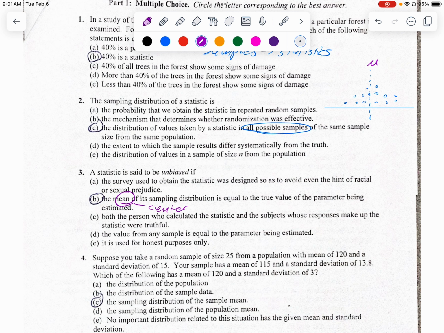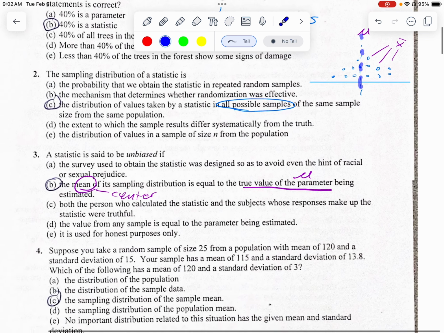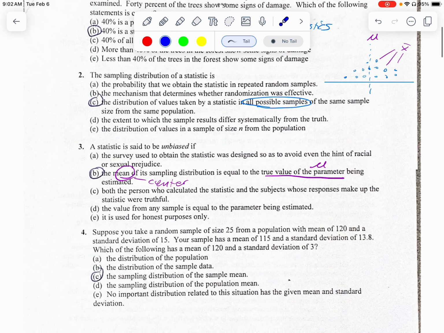And so what I'm drawing here is an unbiased one. All of these dots are X bars, right? All over the place. Some of them are a little above mu, and some of them are below mu, but it's centered correctly. So that's B, okay?